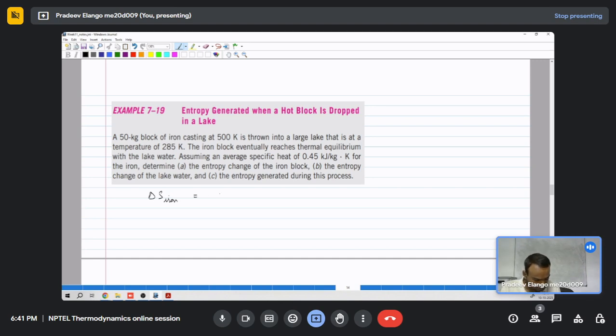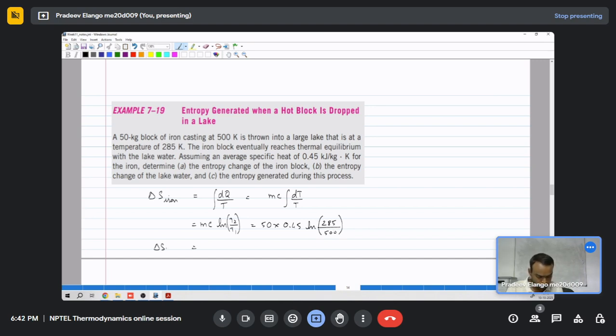To find the entropy change of the iron block, we have integral of mC dT by T, so this will finally be mC into ln of T2 by T1. So m is 50 kg and C of the block is 0.45, and ln of the final temperature of the iron block will be 285, and initially it will be 500 Kelvin.